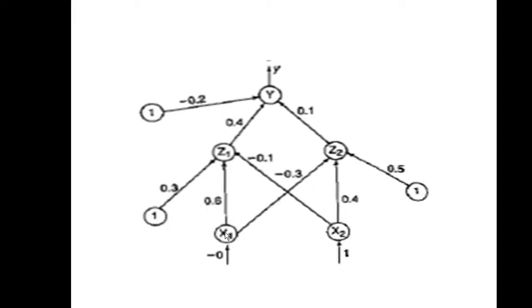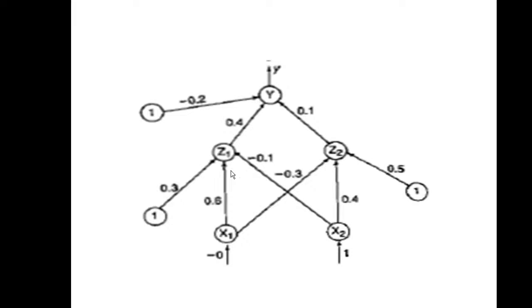The first one is V11, coming from x1, that is 0.6. Then the next one is minus 0.1, and one bias is there, which is 0.3. This bias is denoted by V01. Wherever it's a bias, you must denote it by V0 and then the subscript of the next neuron. So this is 1, so we say V01. For example, the bias on Z2 will be denoted by V02.